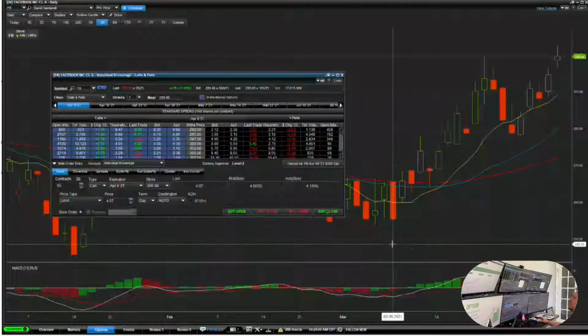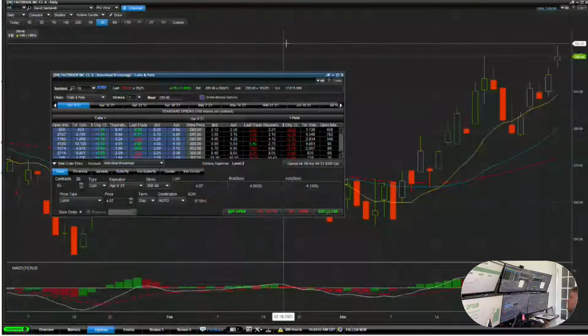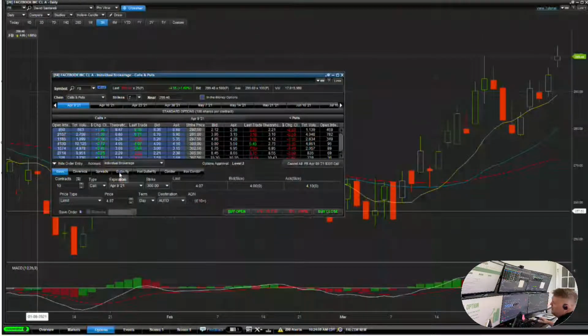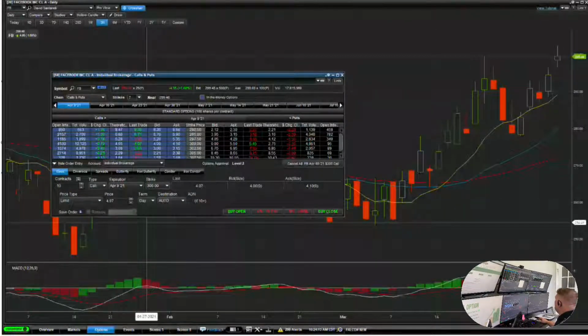Awesome. All right, so could you see this Facebook example we're going over now? What is going to be our break even on this call contract? Break even is going to be 304.07, right.